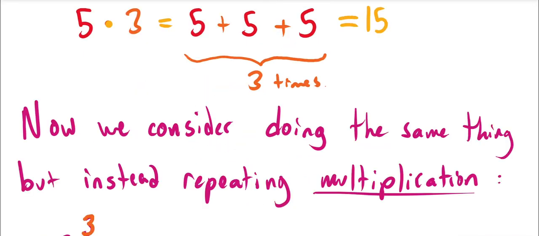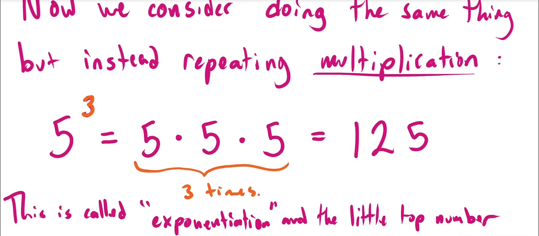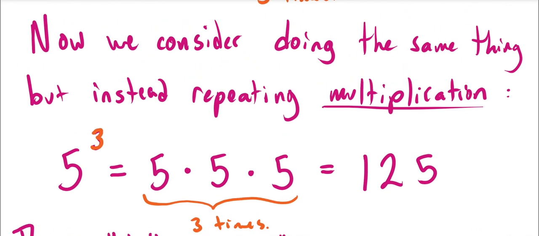So now let's consider doing the same thing again, but with multiplication in place of addition here. I'm going to give an example of 5 to the power of 3. We sometimes call this 5 cubed or 5 to the third power. But notice that the 3 is small. It's tinier than the 5. That's to show you something.